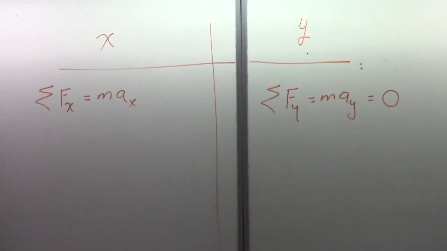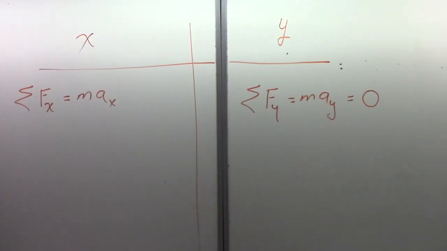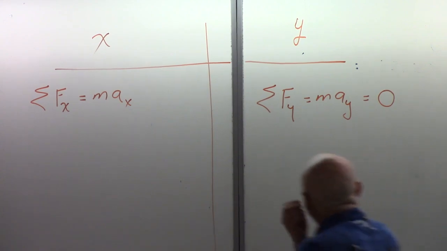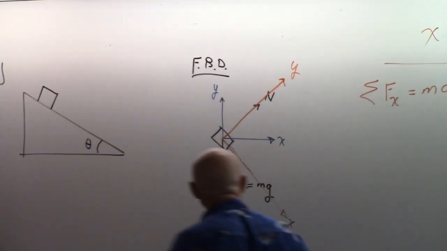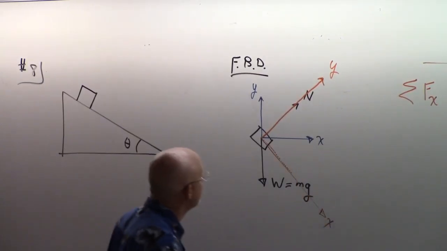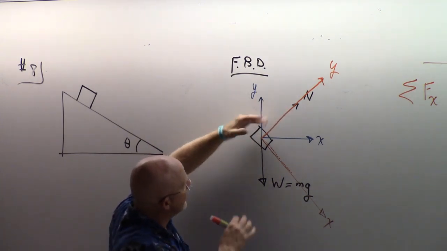Now in this problem, you'll see that because friction is not part of it, the y one is unnecessary. But I want to put it on there because, again, the point of me doing number 8 is so I can follow it up with number 9. But let's look at our forces in the x direction. And I've kind of covered them up. I hope you can still see them in the black.